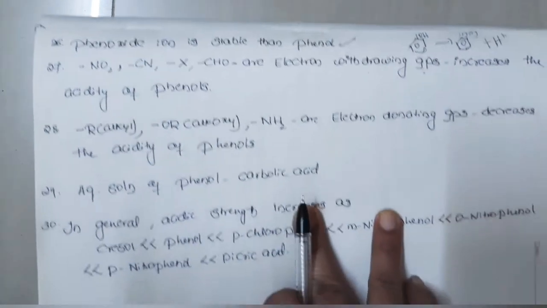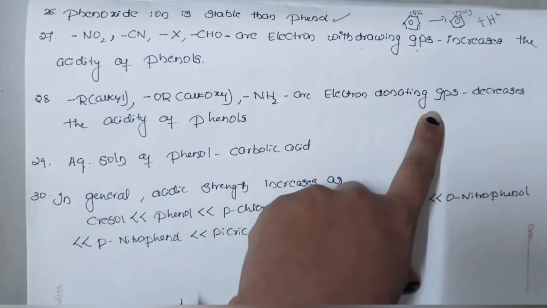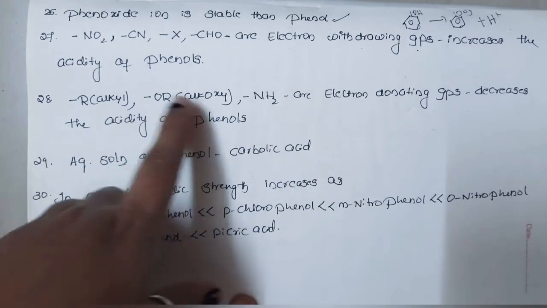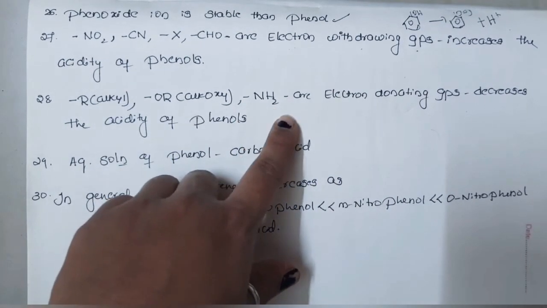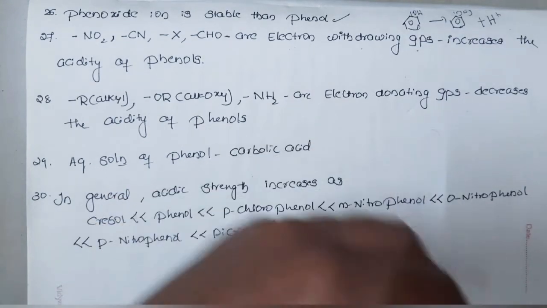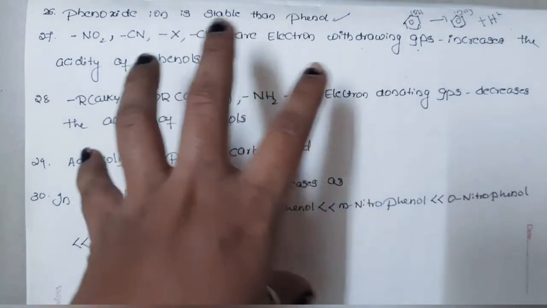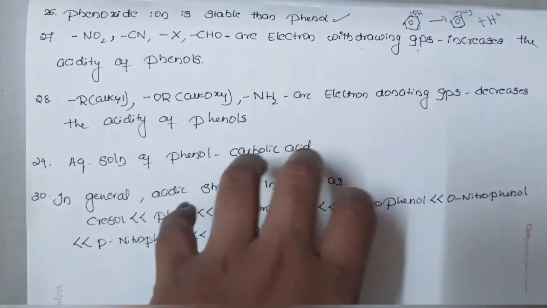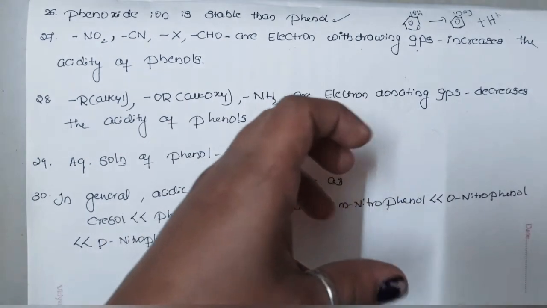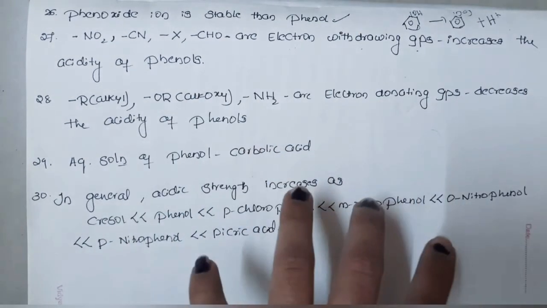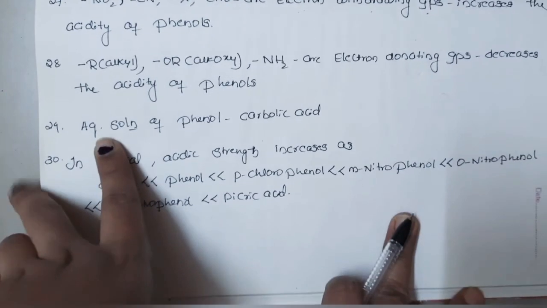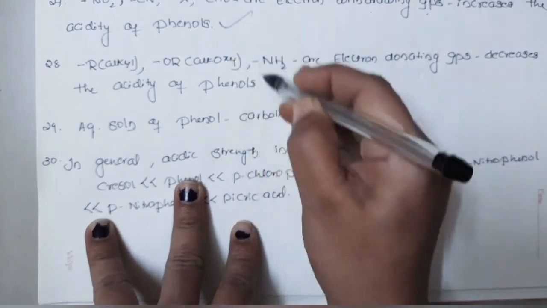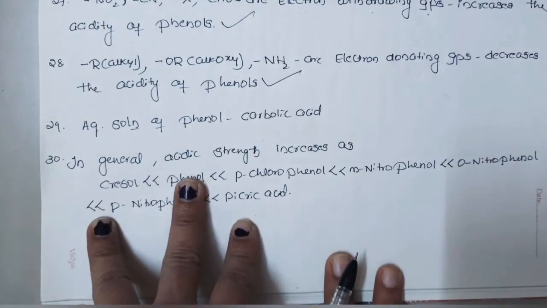But electron donating groups, for example alkyl, alkoxy, amine, always decrease the acidity of a compound, here particularly for phenol. That is another point you have to consider, and many questions will appear based on these two concepts.